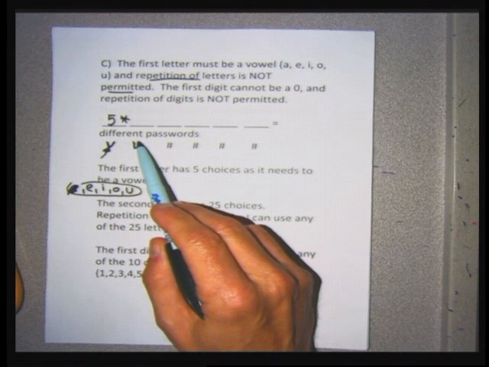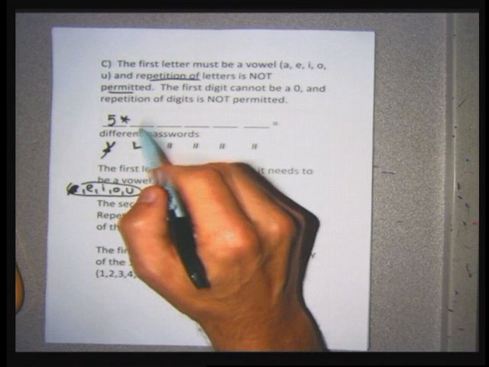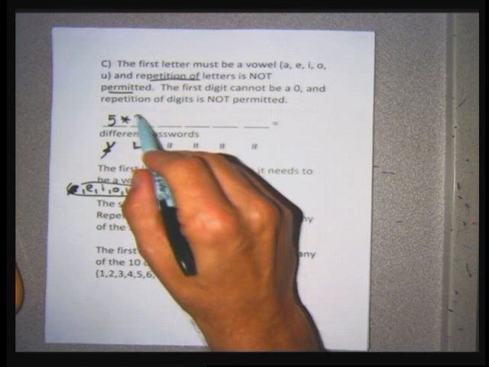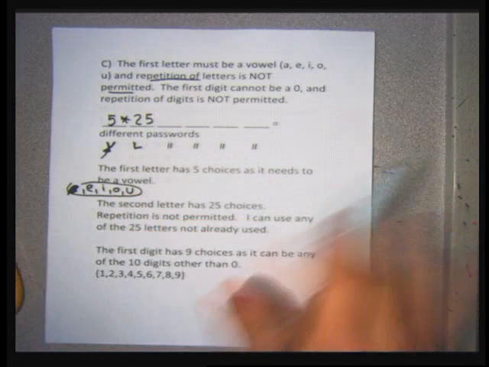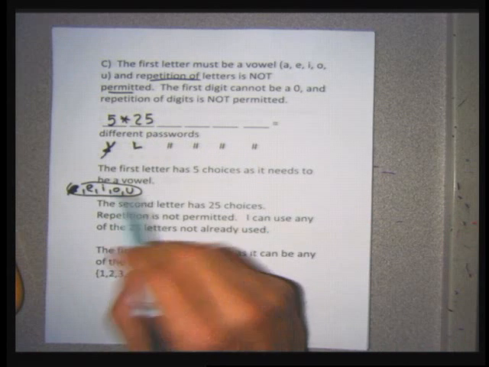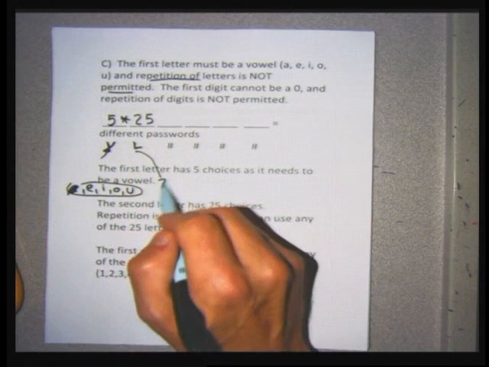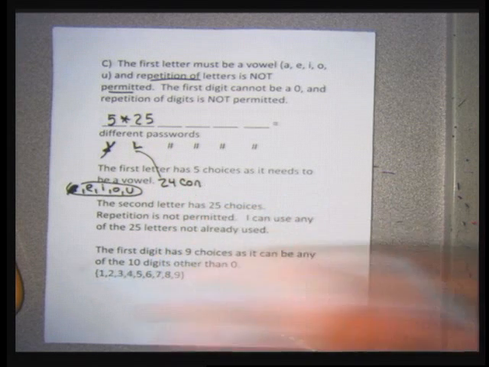I've picked one of the vowels, and for my second letter, that vowel isn't something I'm allowed to use again, but there's still 25 letters left, and I'm allowed any of the 25 letters.